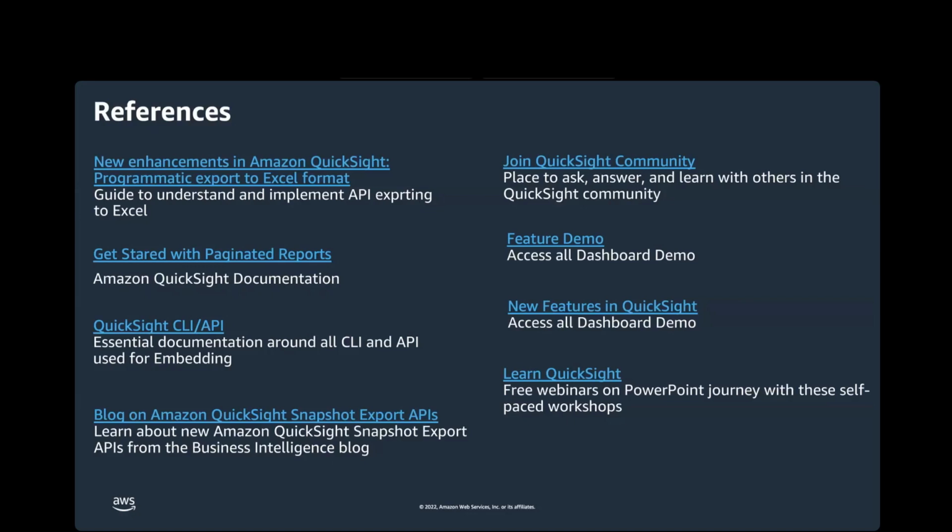But in this list of references, you have many other links to different resources, like, for example, how to use the command line interface, how to run APIs, a more in-depth understanding of the three snapshot export APIs, a link to the QuickSight community in case you have more questions, and so on and so forth.